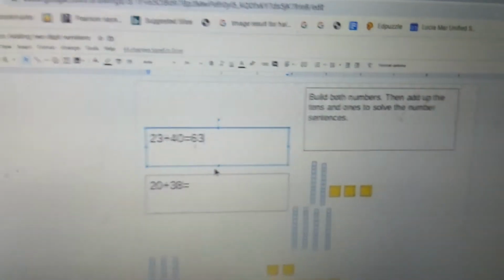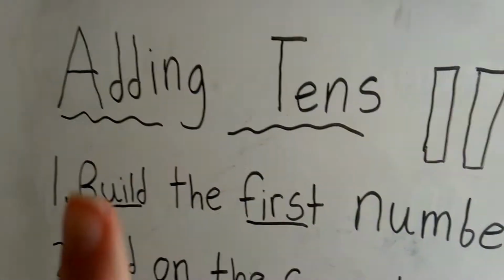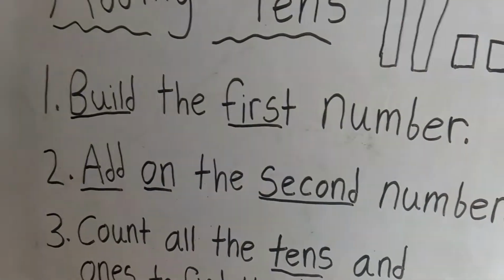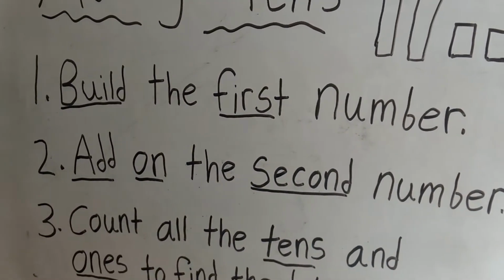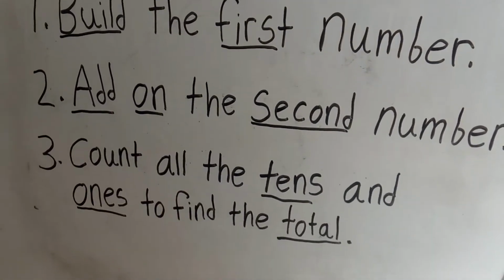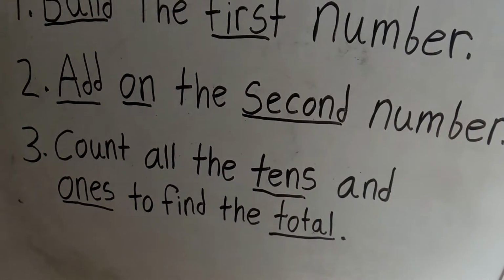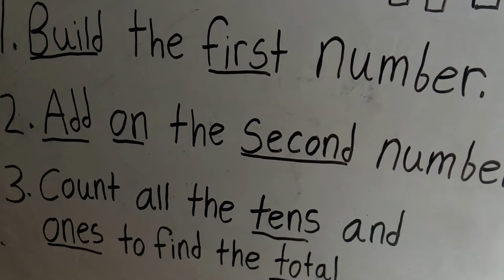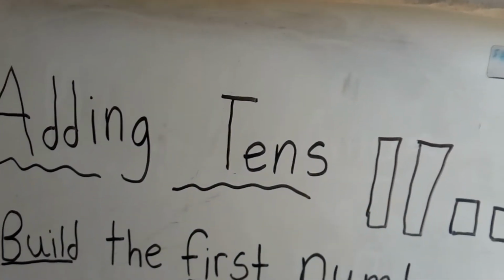What you just saw me do was I completed the following steps. Number 1, first I built that first number. 2, I added on the second number to the number sentence. And last but not least, step 3, you saw me count all my 10s and 1s to find my total. Now you guys are going to help me add some 10s.